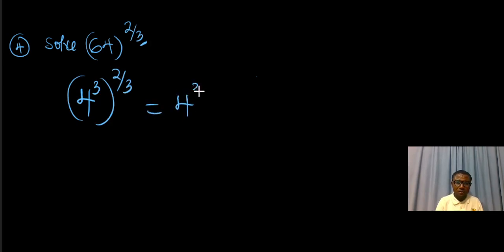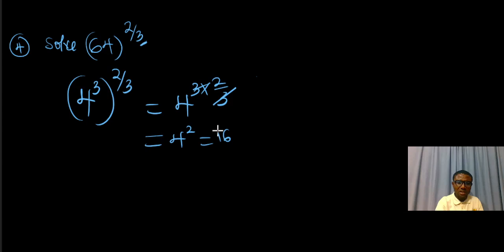So we'll look for a number that will raise 3 times to give 64, and that number is 4. So we'll write this as 4 to the power of 3, all to the power of 2 over 3, and this will give 4 to the power of 3 times 2 over 3. This will cancel this, and we'll have 4 squared, and our final answer is 16.